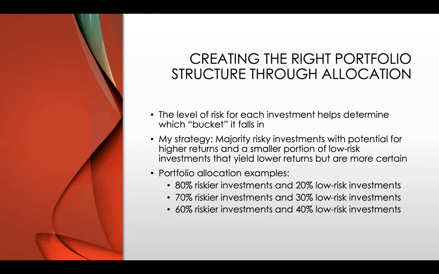My personal strategy when making investments into cryptocurrency is to put a majority of my portfolio in riskier investments with potential for higher returns, and a smaller portion into lower risk investments that yield lower returns. If you look at the example line here, I do 80%, 20%. So I do 80% riskier investments and 20% lower.